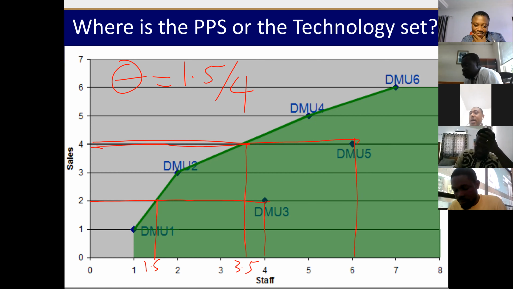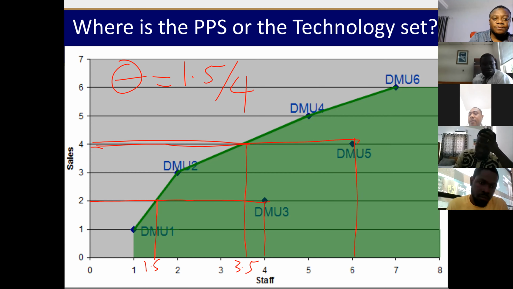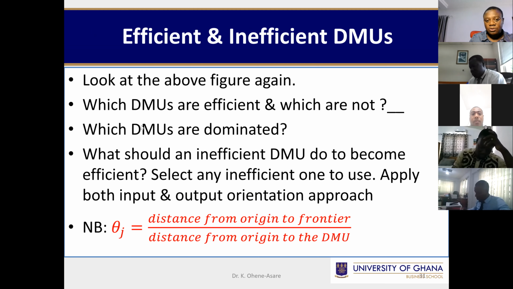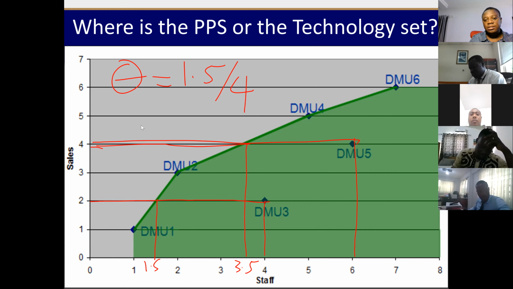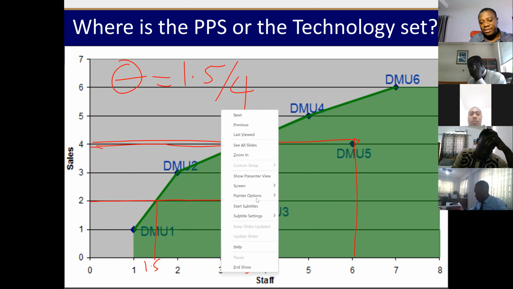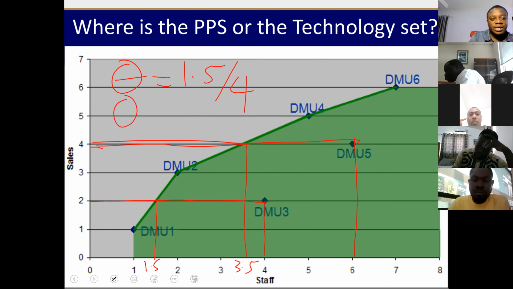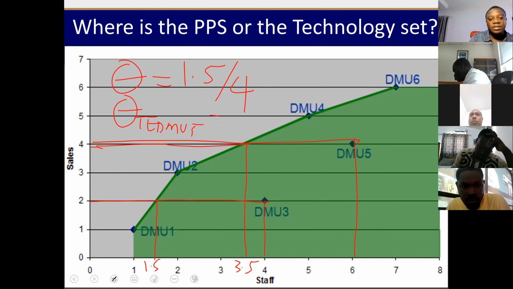Okay, so it becomes 3.5 over 6, which is equal to 0.58. All right. So Michael says that when you do this correctly, you're going to get the input technical efficiency for DMU5 to be 3.5 over 6.